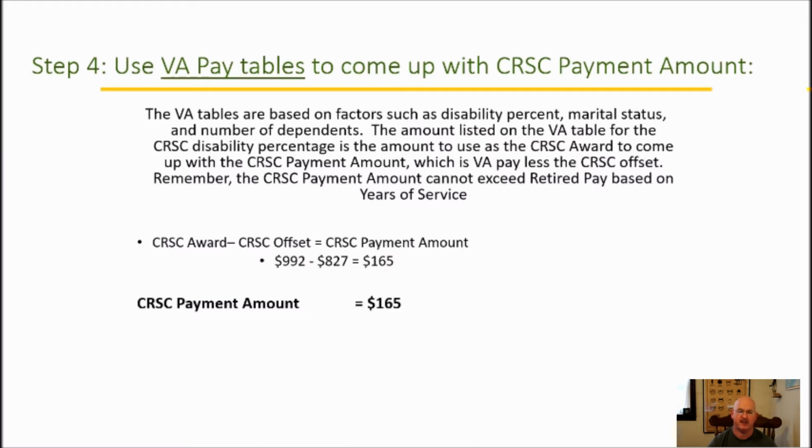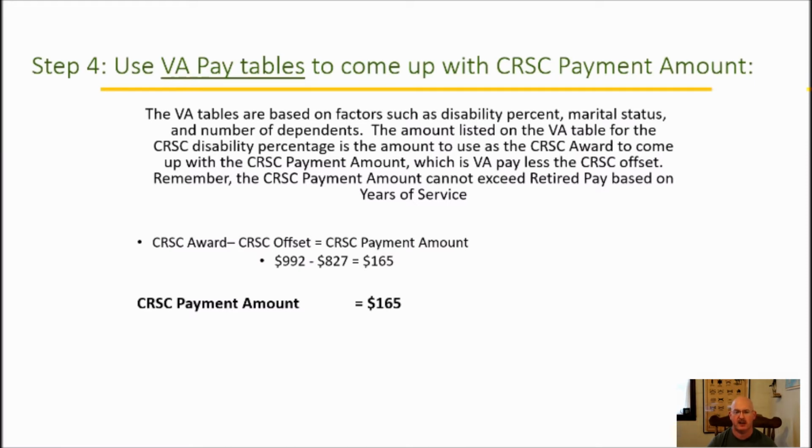So in the case of this fictional soldier, this is a married with spouse, no dependents or no children. So his VA compensation at 50% is $992 per month. And he's been awarded CRSC at the 50% rate.